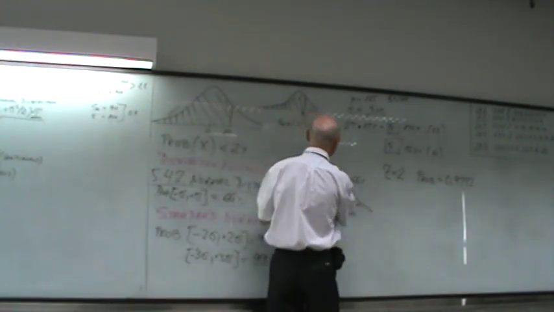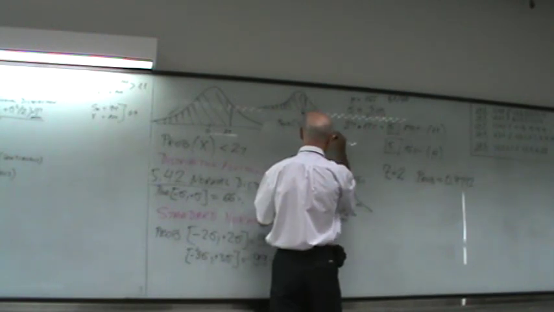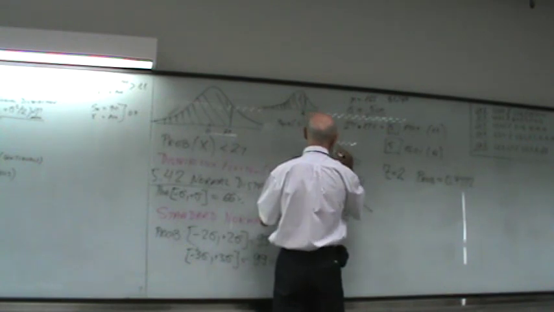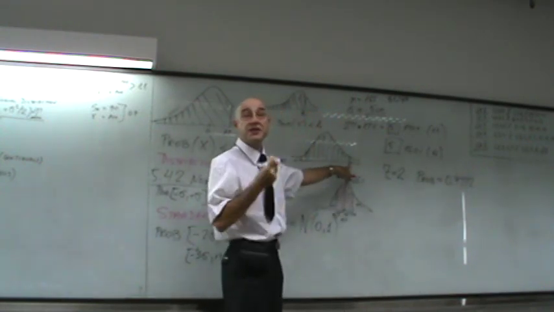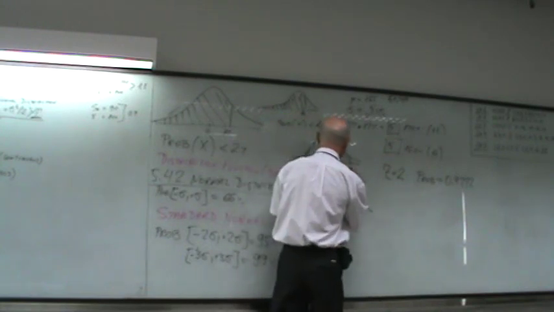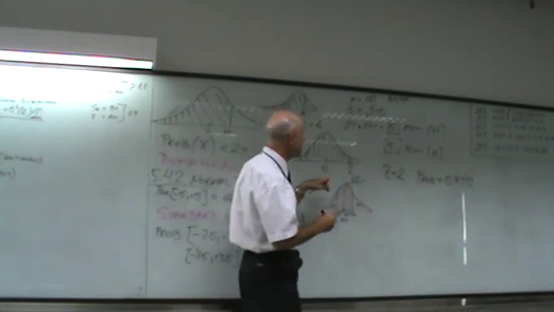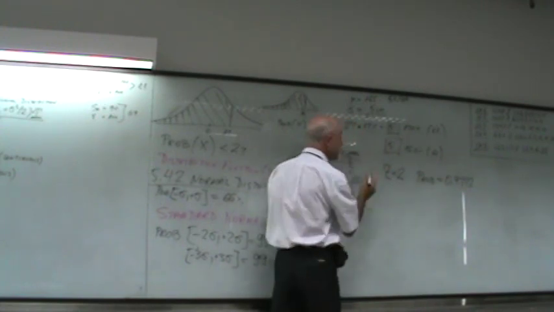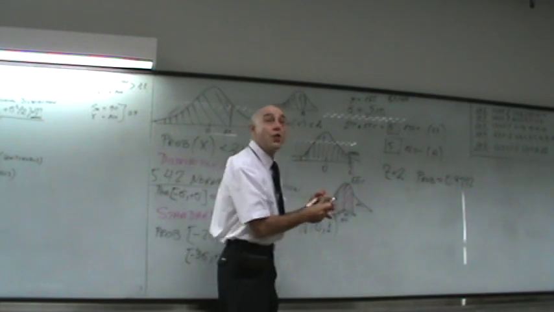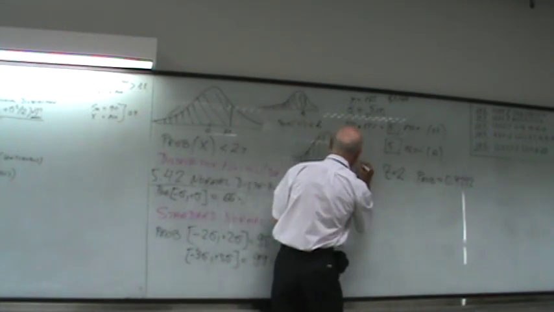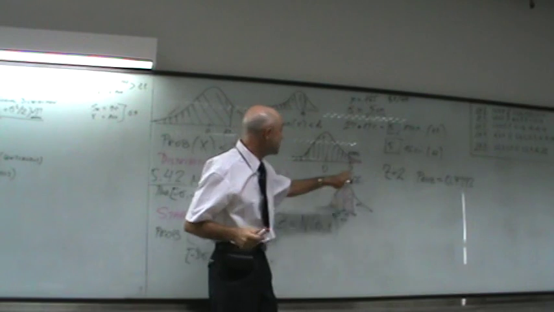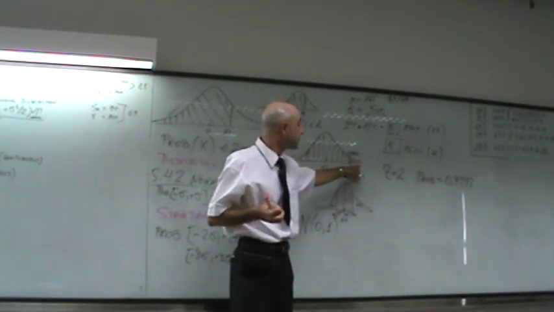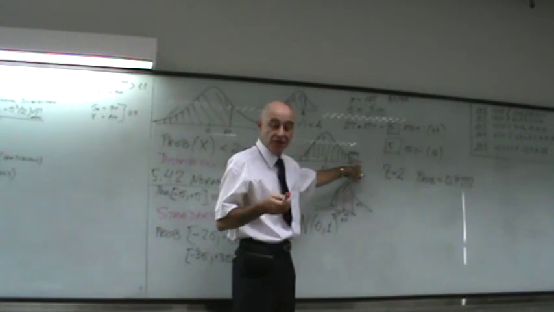So it's like this. This probability all the way up to here, where here it's 0 and here it's 2, is 0.9772. Now the question is, what is the probability of the right tail?